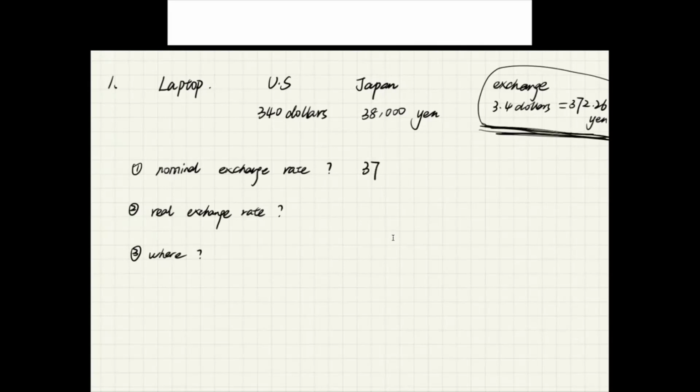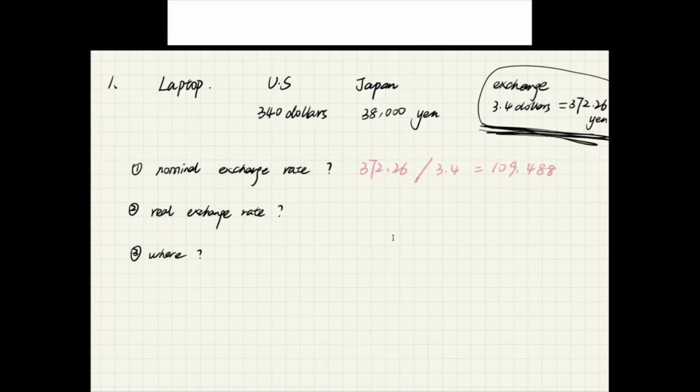Because of this given information, the answer for this question would be: now you have 372.26 Japanese yen and want to change it to US dollars. So you just use these two values and you can get the exchange rate is 109.488.